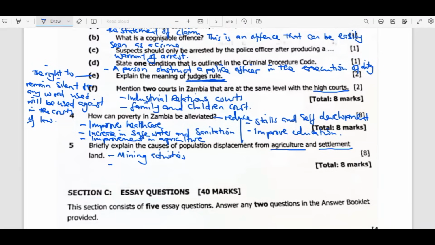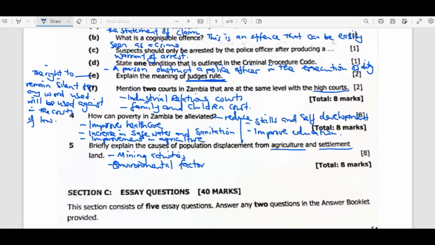And then the other one we can say is environmental factors. Environmental factors also send people away from agricultural places and settlement places.